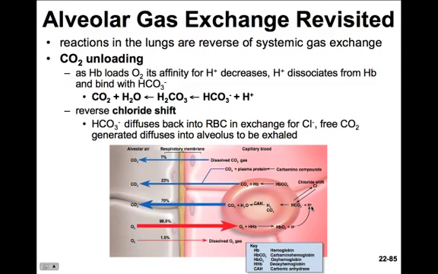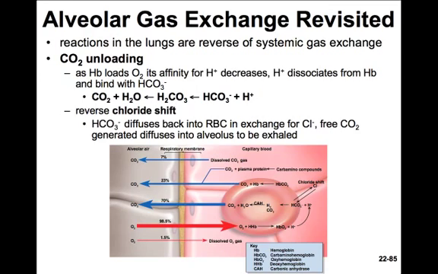As the hydrogen ions dissociate from the hemoglobin and join bicarbonate, we now have to do the reverse chloride shift to keep everything chemically and electrically in balance. So bicarbonate is moving through the transporter into the cell, and chloride is now moving out of the cell through the same transporter. It's an antiport.